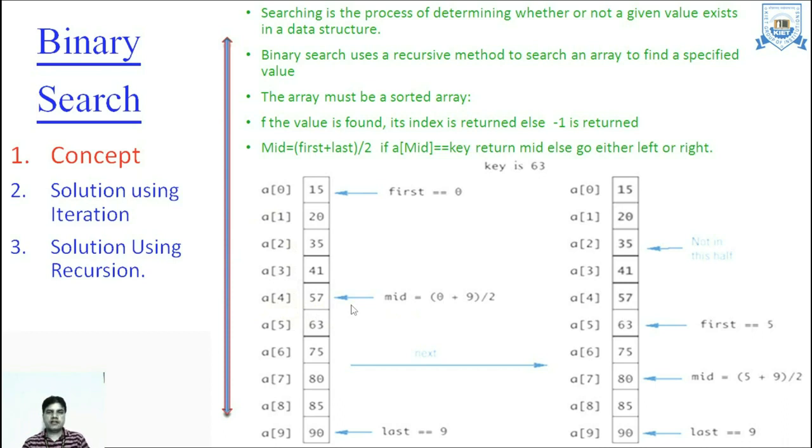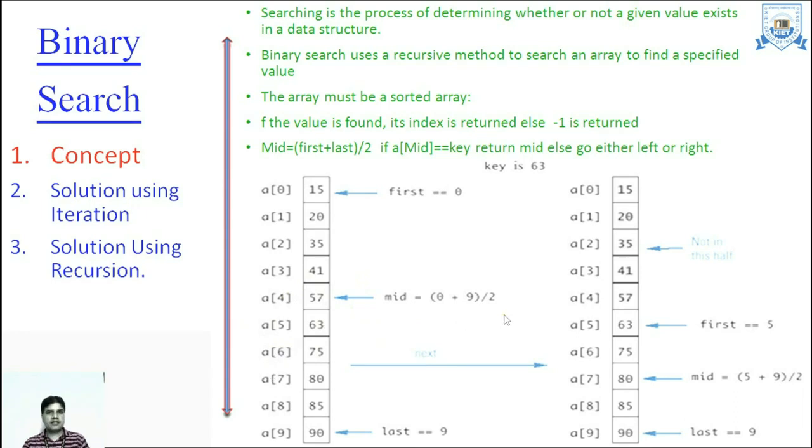See how fast it is. Maybe at the very first step we can get that element, but even if we don't find it, now we need not search the whole array. As a second step, we need to search only either the first half or the second half, depending upon the value which we want to search.